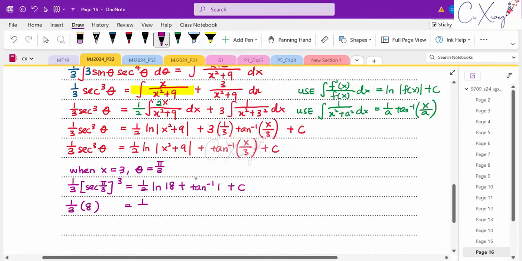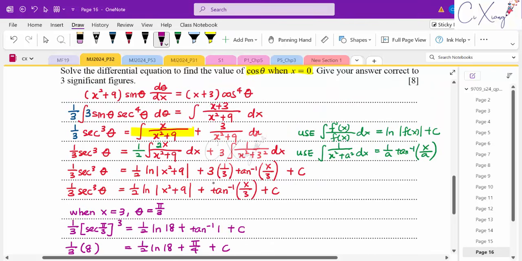This one I don't touch yet. Tangent inverse 1, you will get pi over 4, then plus c. From here, you will get a c value which is a long decimal number. To make it most accurate, I will copy out the whole series of the number. This is the value of c that you should have.